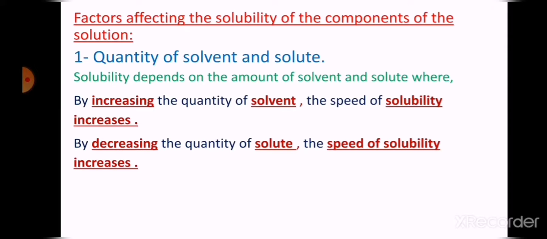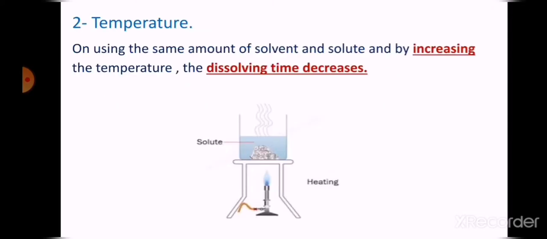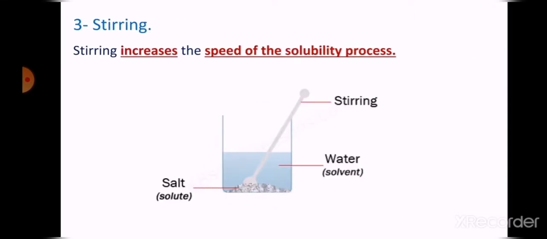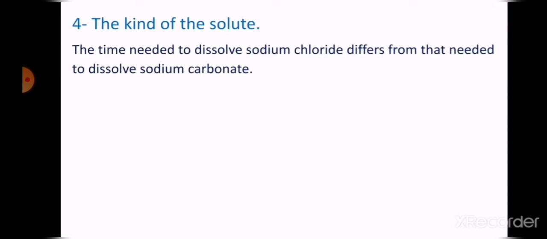And by decreasing the solute, the speed of the solubility will increase. By increasing temperature, the dissolving time decreases and the speed of the solubility process increases. And by stirring, the speed of the solubility process increases, and the kind of the solute affects the solubility process.